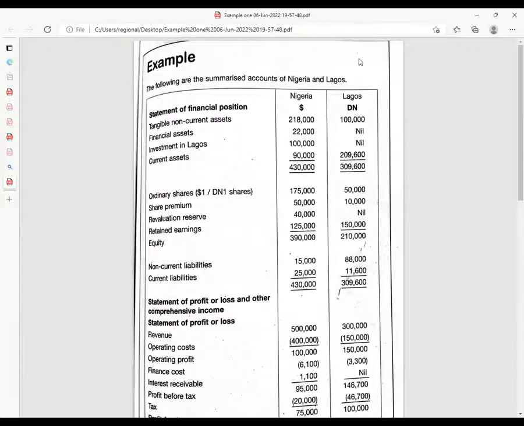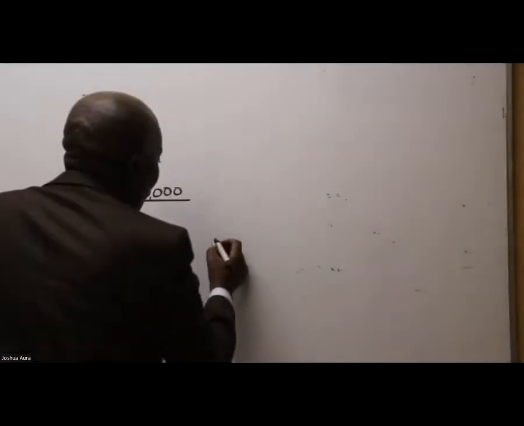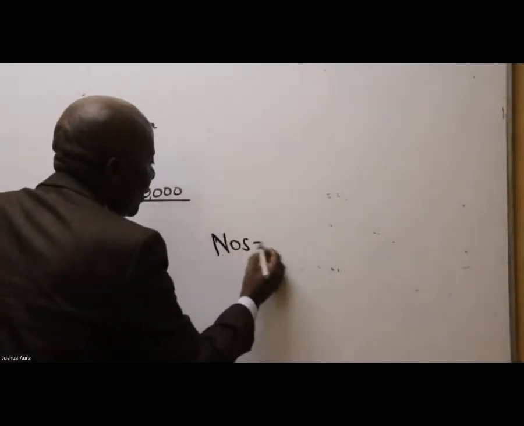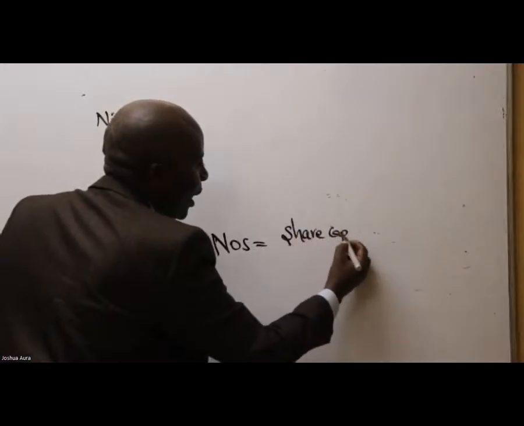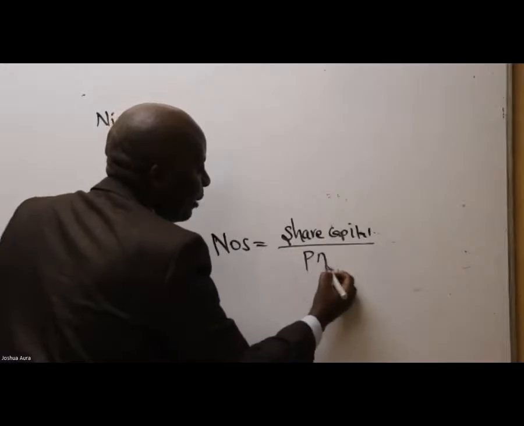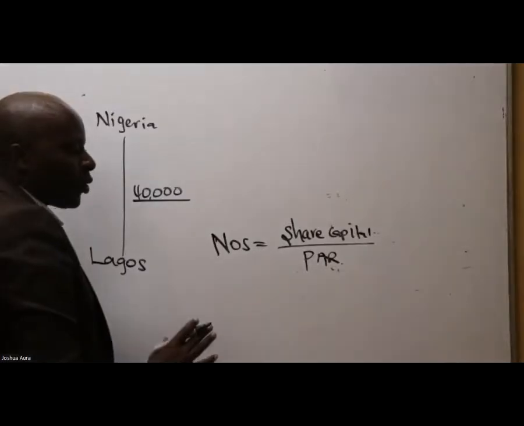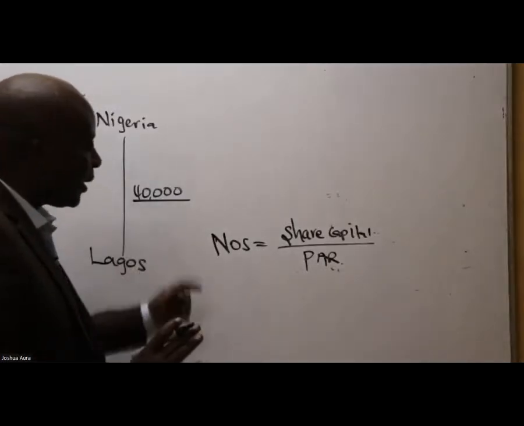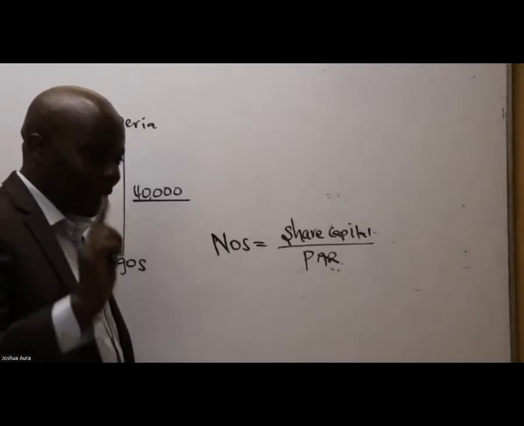Anytime you want to get the number of ordinary shares, my good students, listen: you always take the share capital given, and then you divide this by the par value given there by the side. Remember, I'm interested in getting the number of ordinary shares of the subsidiary, not the parent.